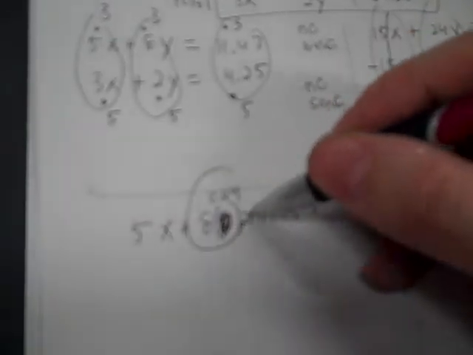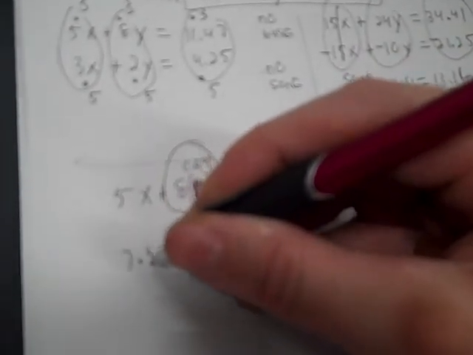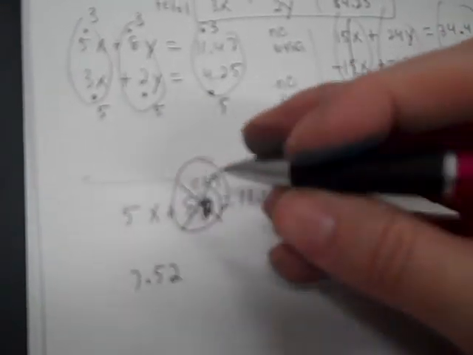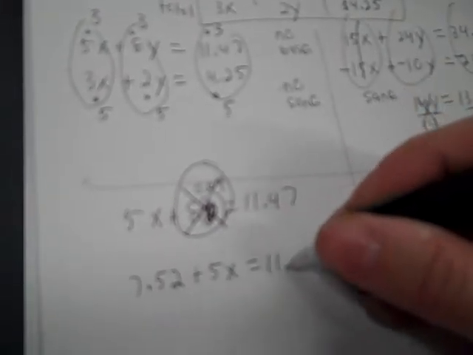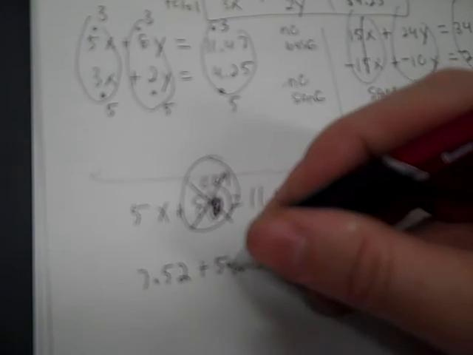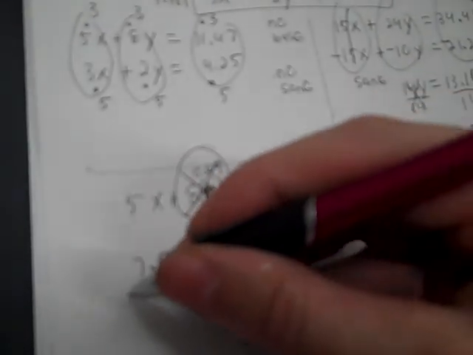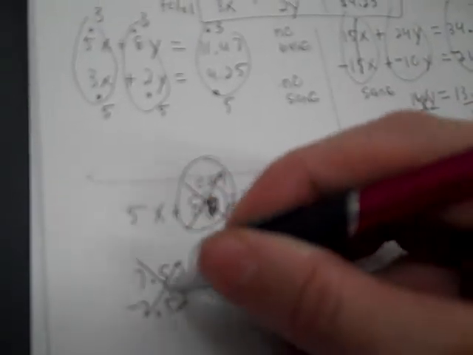So I need to take 8 times 0.94. I got 7.52, but not with y, it's just 7.52. And then add 5x, equal it out to 11.47. So I dot my x, circle it, and then minus 7.52.